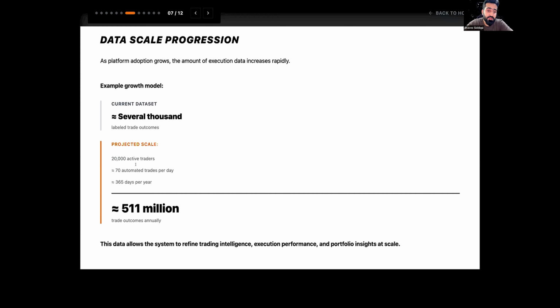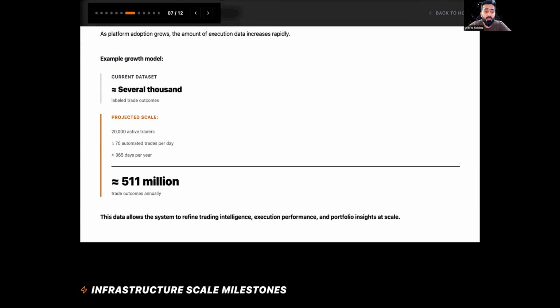And if all these users execute 70 automated trades per day, 365 days per year, that is 511 million trade outcomes annually. This data allows the system to refine trading intelligence, execution performance, and portfolio insights at scale.